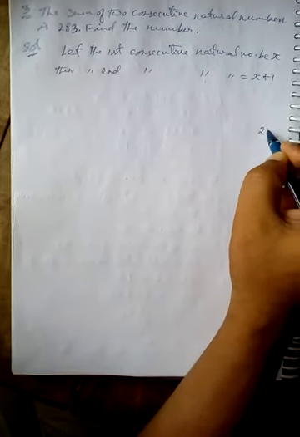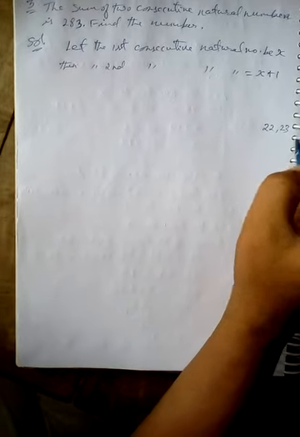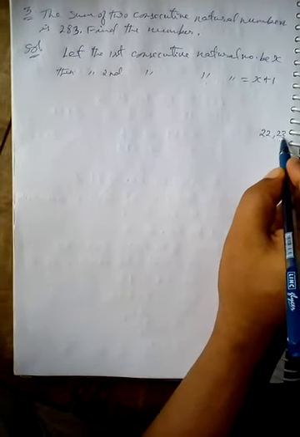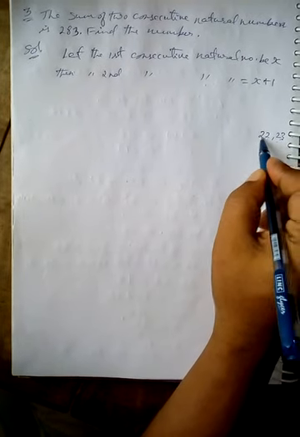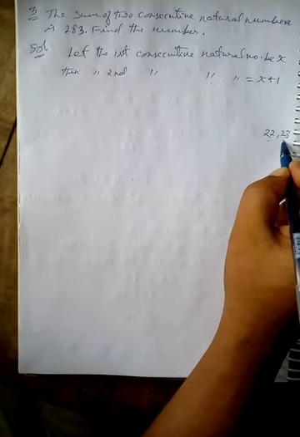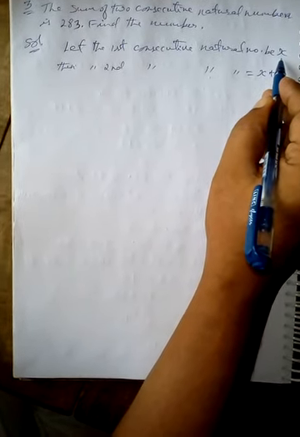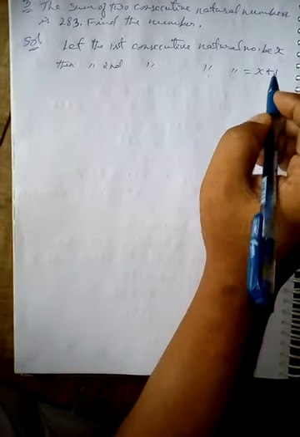Suppose 22 and 23 are two consecutive natural numbers. We find there is only one difference between these two. If it is 22, this is 22 plus 1, that is 23. So similarly, if x is the first consecutive natural number, the second will be x plus 1.